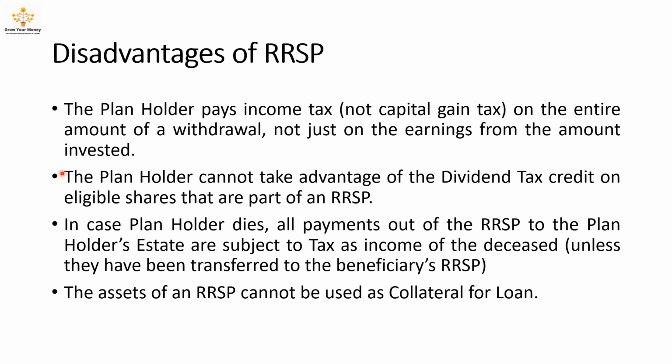Third disadvantage, in case the plan holder dies, all payments out of the RRSP to the plan holder's estate are subject to tax as income of the deceased, unless the plan holder has appointed a beneficiary and the RRSP proceeds are being transferred to the beneficiary's RRSP account. And the last disadvantage of RRSP is that the assets of RRSP cannot be used as collateral for a loan.